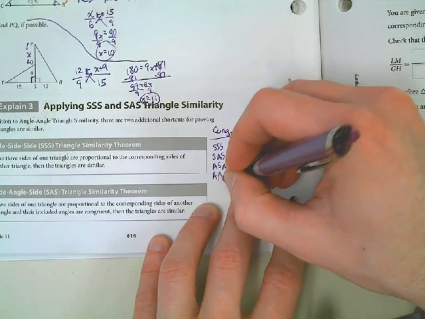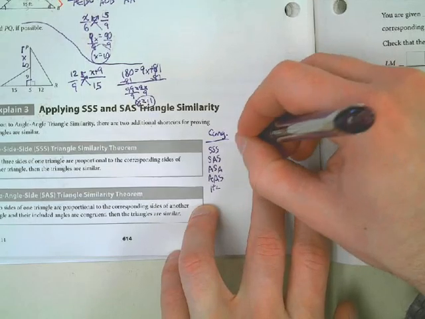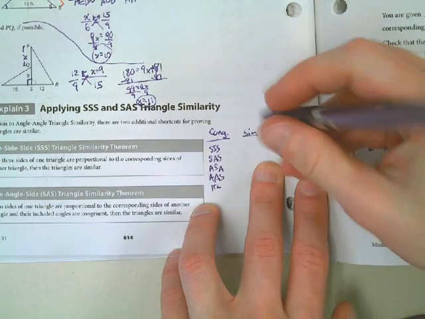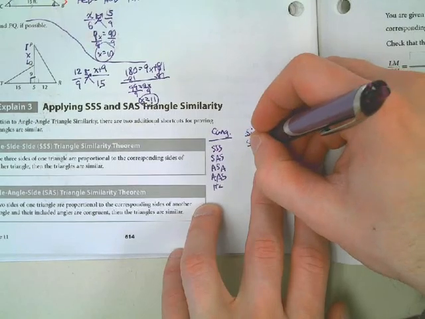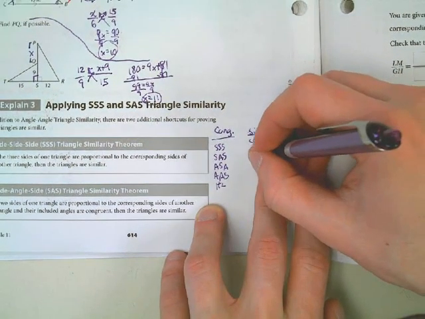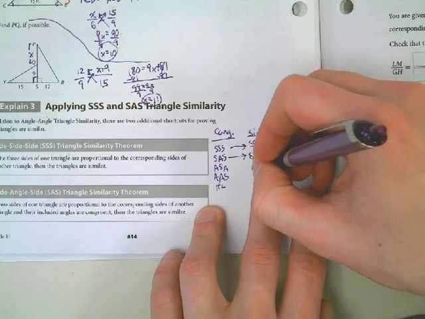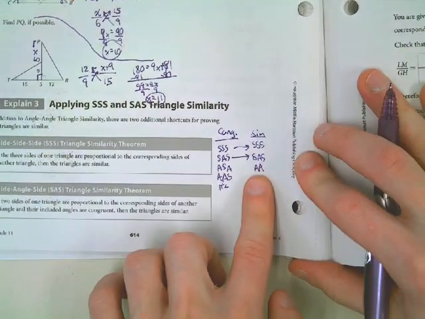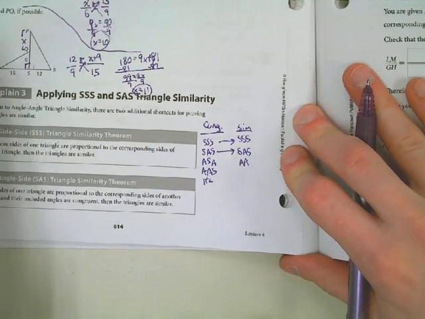But for similarity, we only have 3 similarity shortcuts. We have side, side, side, which is listed over here next to mine. We have side, angle, side, so those two match up. And then we have angle, angle, which is not a congruence. So what happened to angle, side, angle, and angle, angle, side?